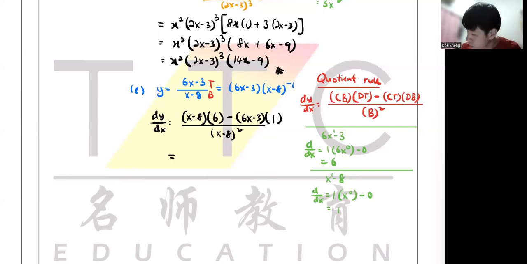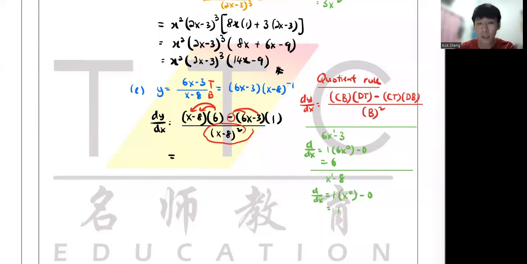So for this one, since we cannot factorize, just normal simplify, open the bracket. The bottom, we can just leave it. No need to expand the bracket. The bottom, for the quotient rule, you can leave it at this.